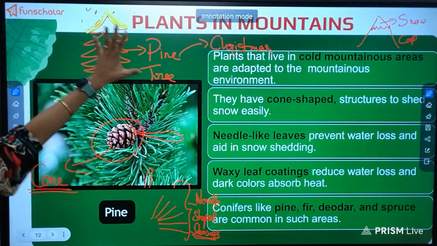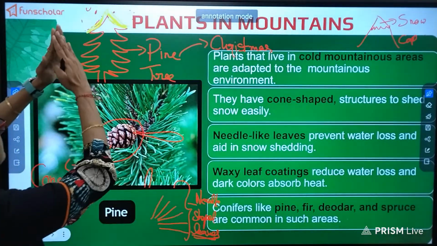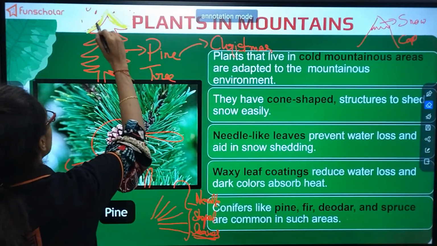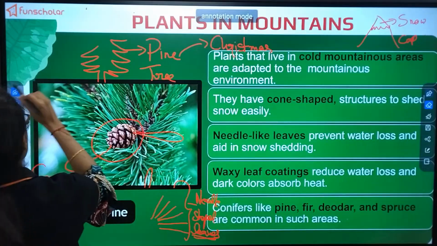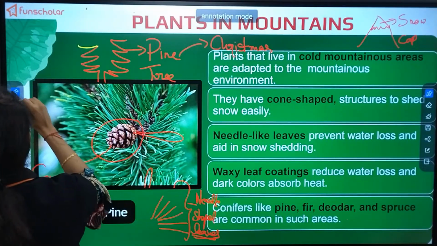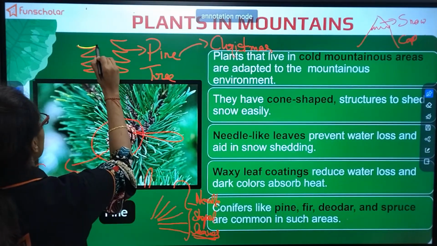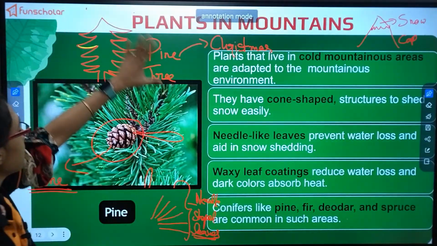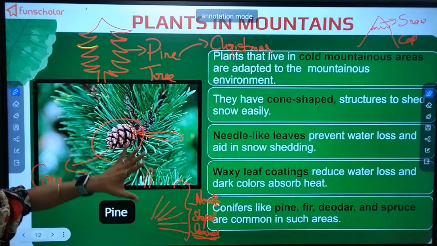So when the snow starts melting, this snow will fall apart without hampering the tree, and the tree will be protected from the snow.